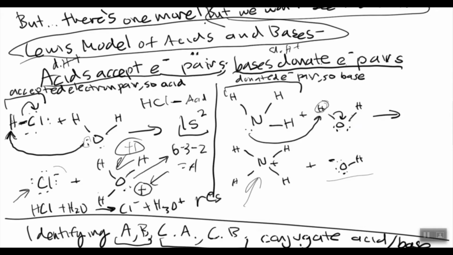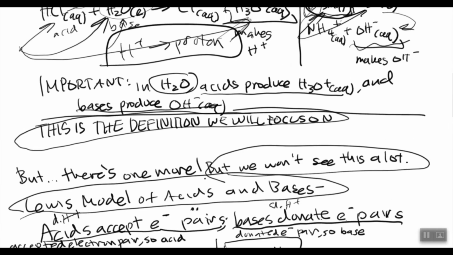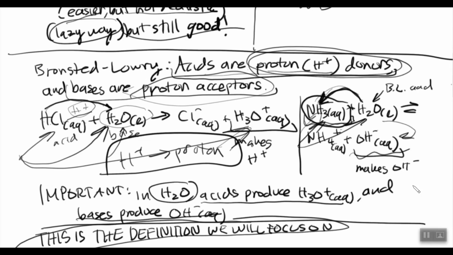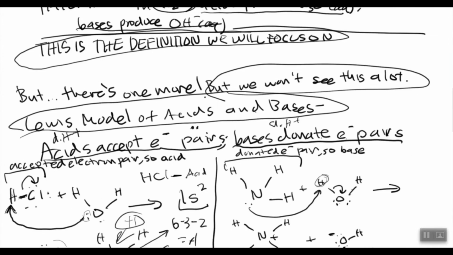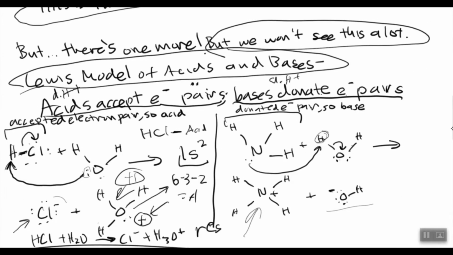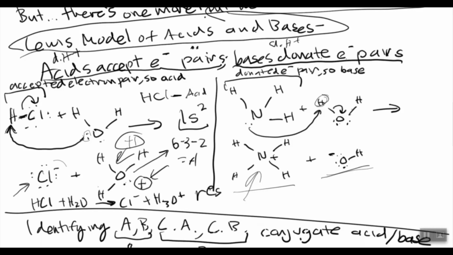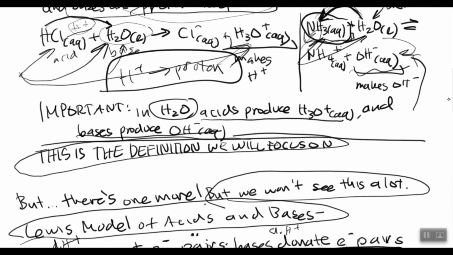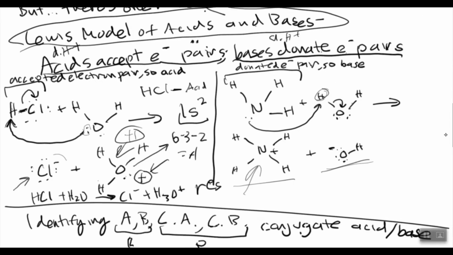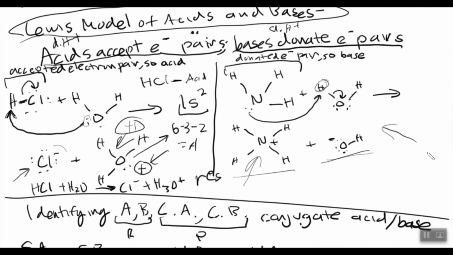So do whatever works for you to know how the charges work, or you could simply not look at this and rely on this, where an H plus is transferred, in order to figure out where the charges go. But either way, it's the same, and in the end, you have ammonium and hydroxide. So 2 different ways of doing the reaction, but this one is more visual, and it actually describes what actually happens in an acid-base reaction.